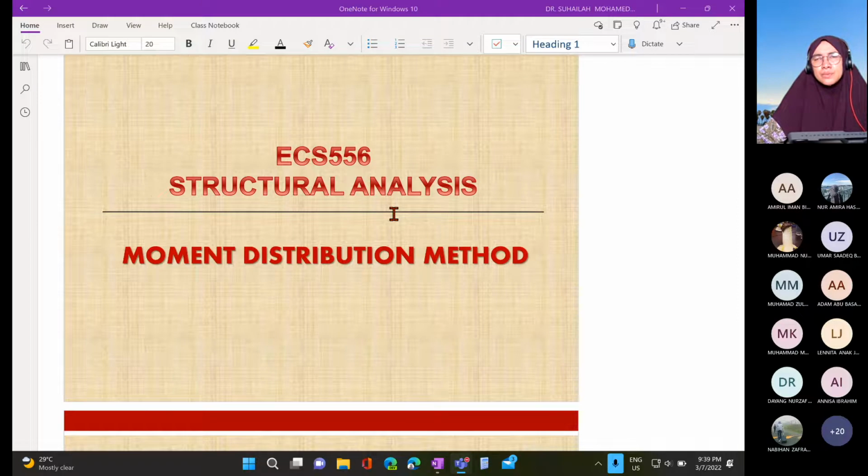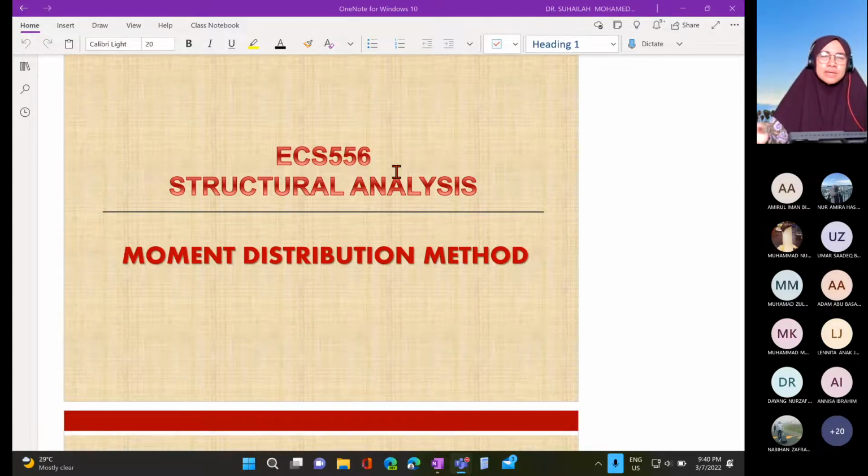We are going to analyze indeterminate beams and frames using the moment distribution method. We will calculate member end moments. This topic is related to the slope deflection method, and some of the concepts, you need to read both in the textbook. You need to read the slope deflection concepts, not the solution, but the concepts that we apply in the moment distribution method.